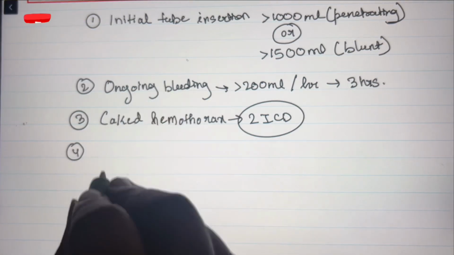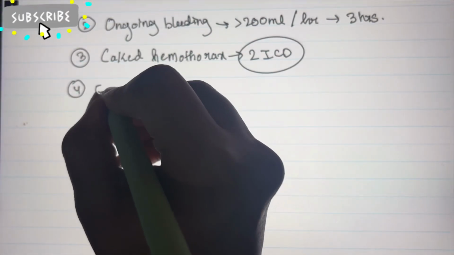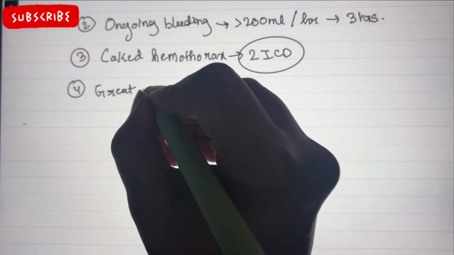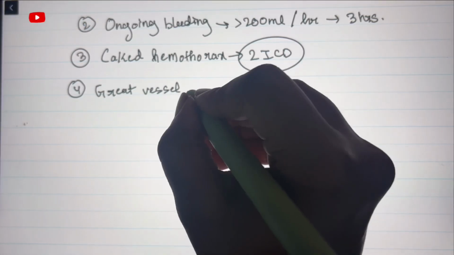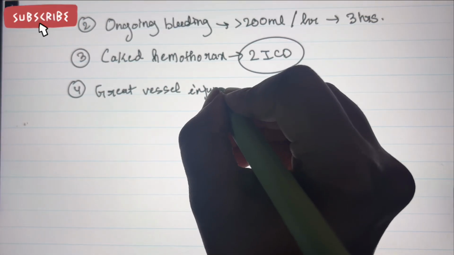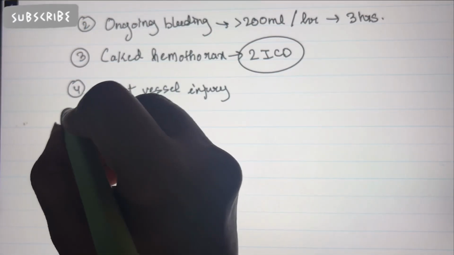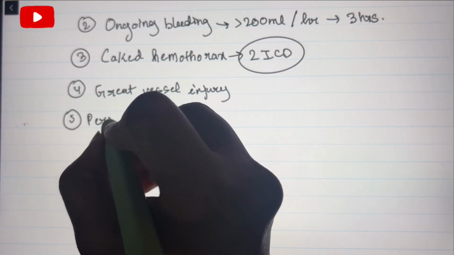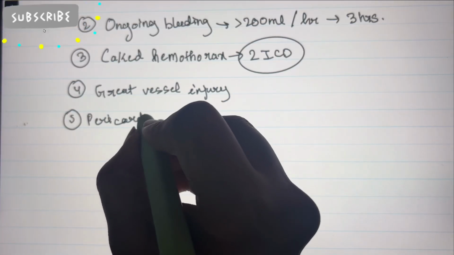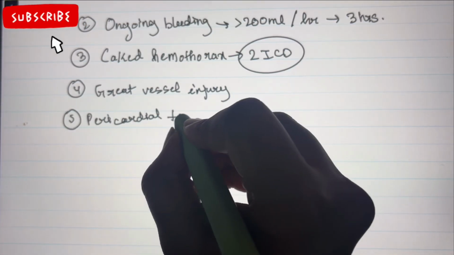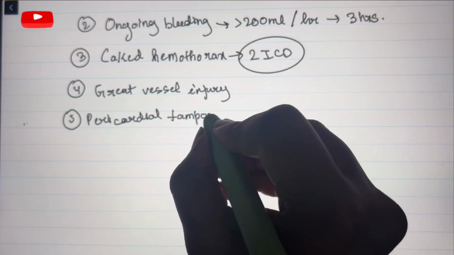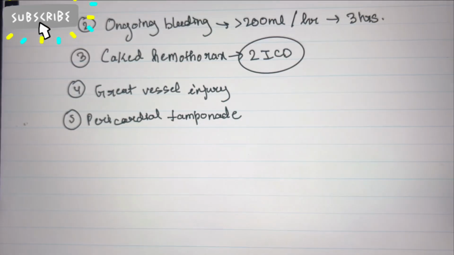Number 4, if there is great vessel injury, then endovascular repair in selected patients is also done. Number 5, in patients of pericardial tamponade, we have to do thoracotomy.